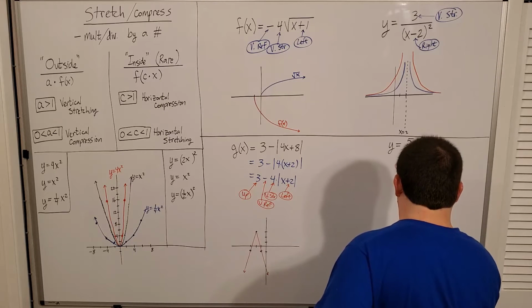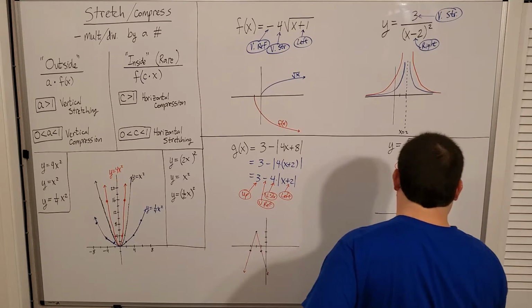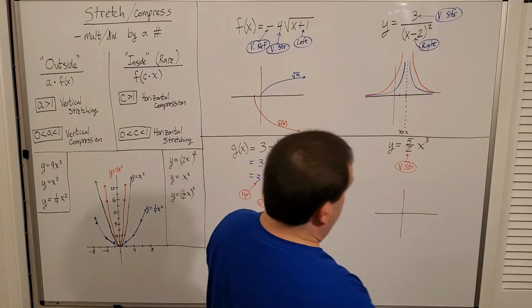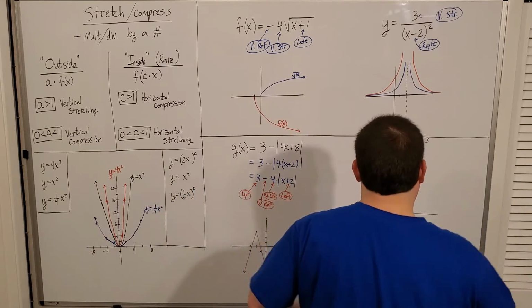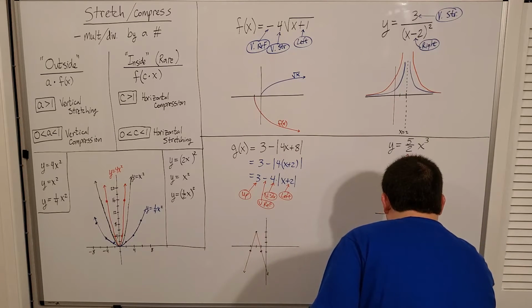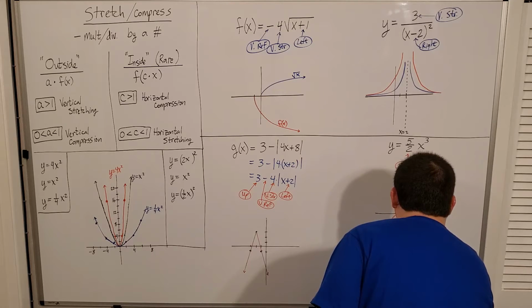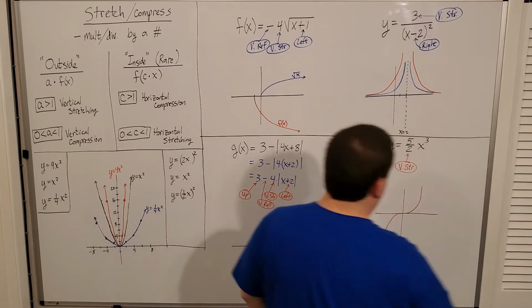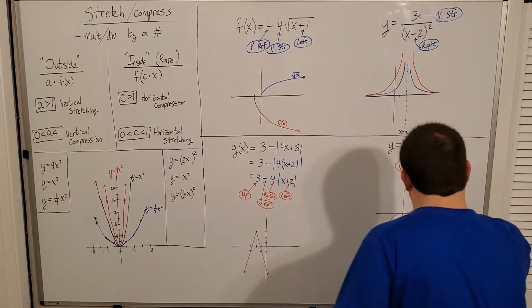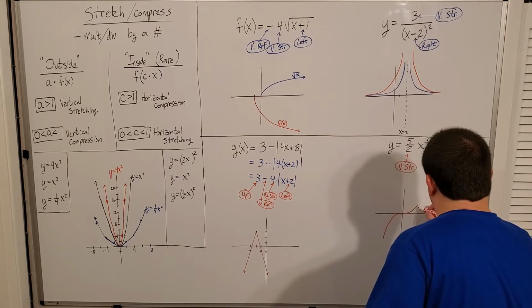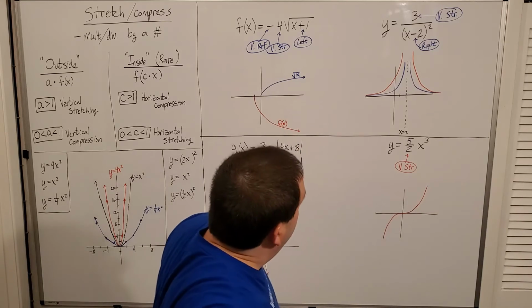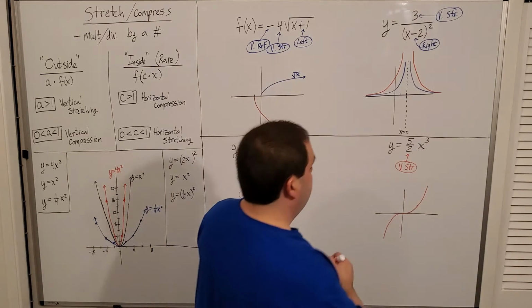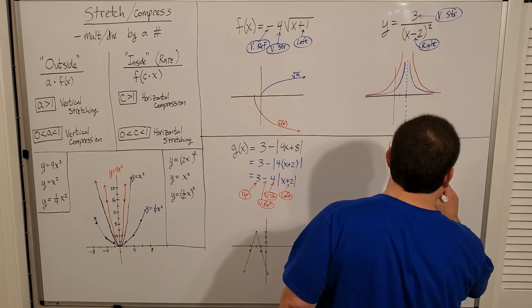I just need something to give me some reference here. So then I'll draw the original. That's sort of pretty good for the original here. We'll just label it x cubed.